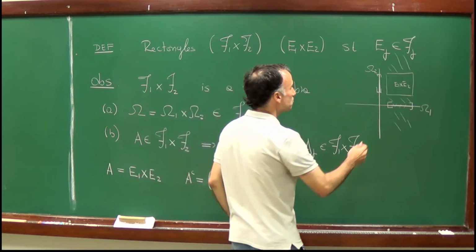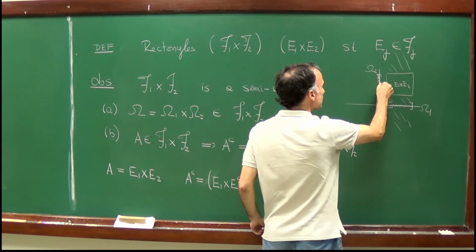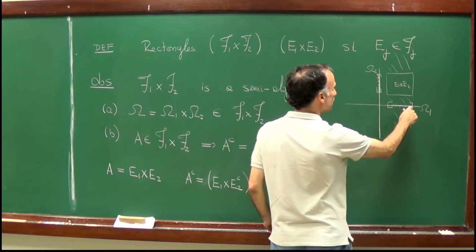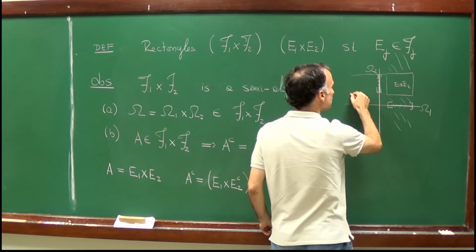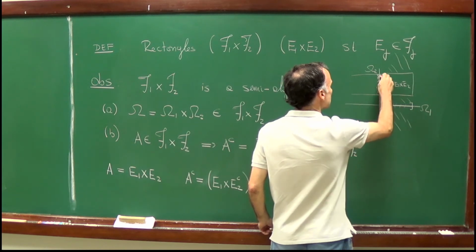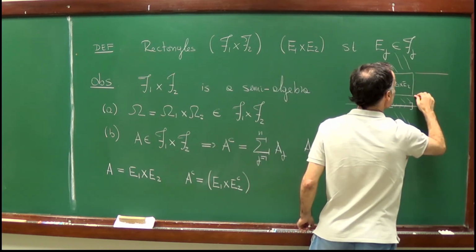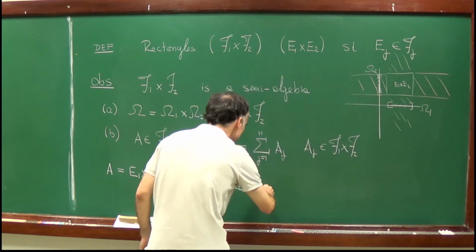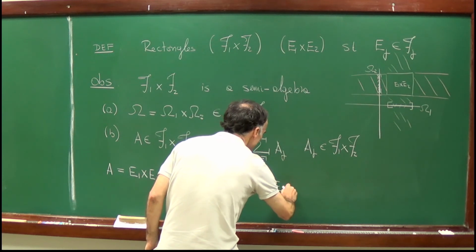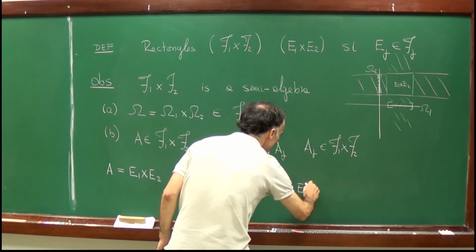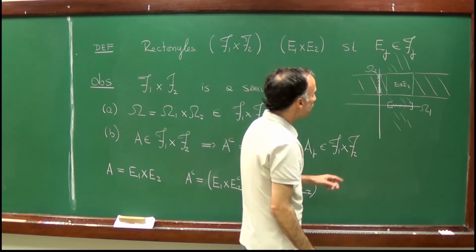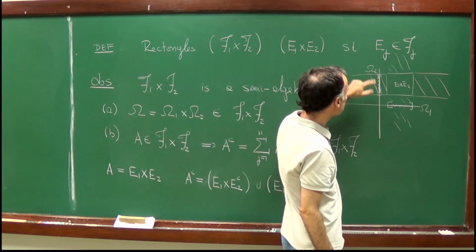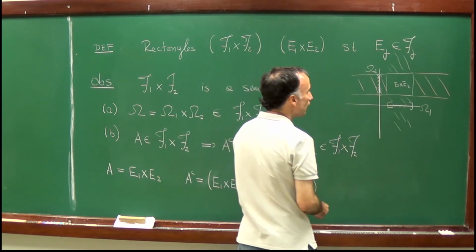Then it can also be that the second coordinate belongs to omega 2, but then the first coordinate cannot belong to E1. So here's the set I'm now considering, which is E1 complement times E2. Well, and finally, maybe the first coordinate doesn't belong to E1 and the second coordinate does not belong to E2.